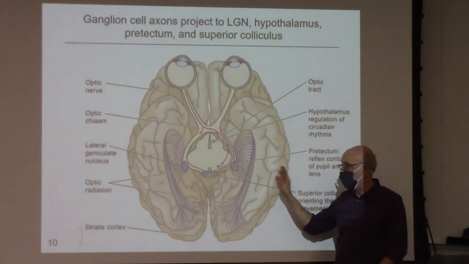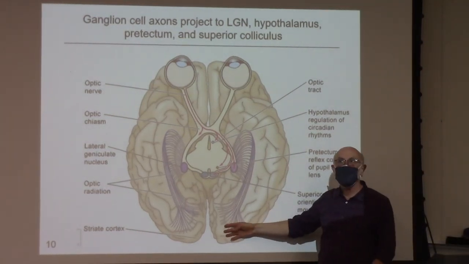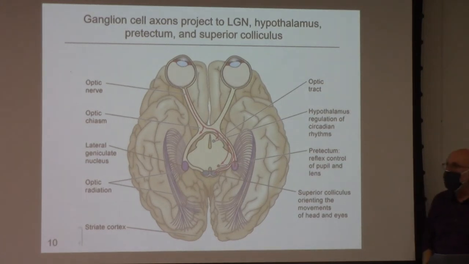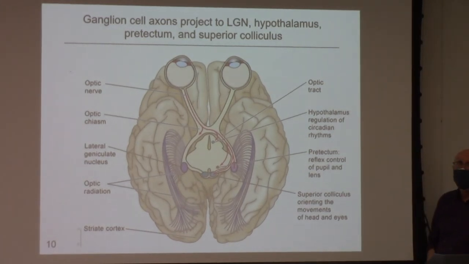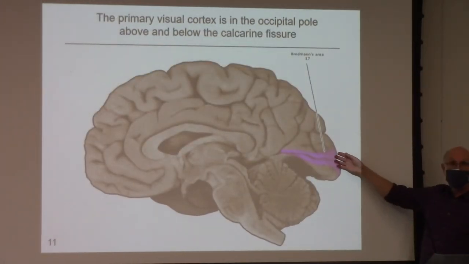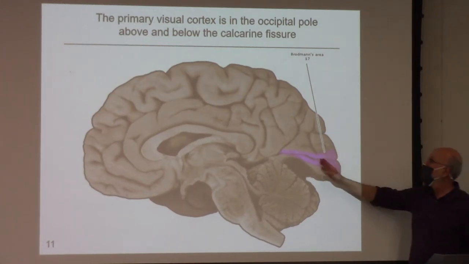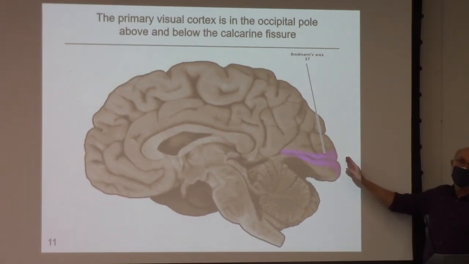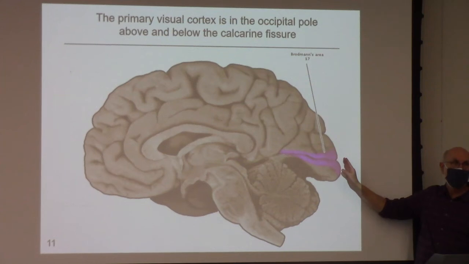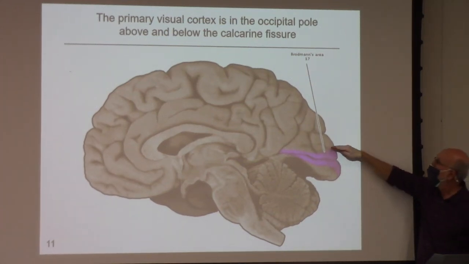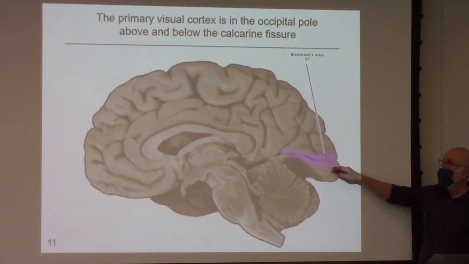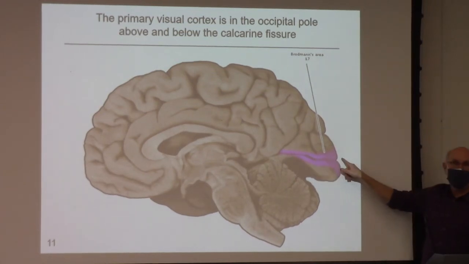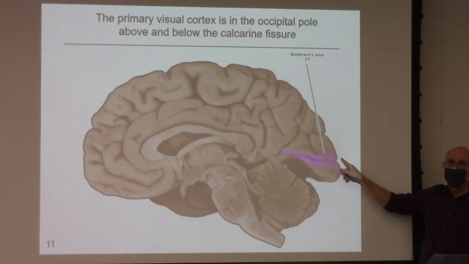Now let's go back to vision. What happens here in the visual cortex, the primary visual cortex? Primary visual cortex is in the posterior occipital lobe, above and below the calcarine sulcus.